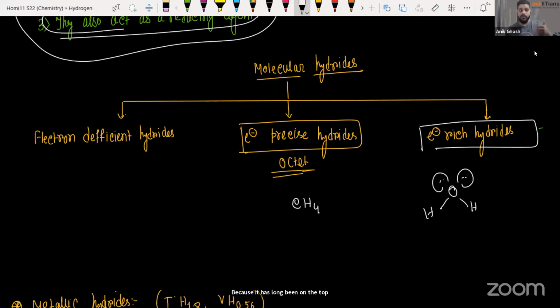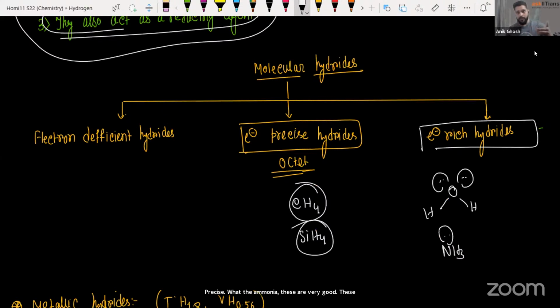As it has lone pairs, it is electron rich. This is precise. Correct? Similarly, silicon hydride, SiH4, precise. Water, ammonia, these are electronically rich, right, Shubhangi? Right, Devash? Now, which are the electronically deficient hydrides?